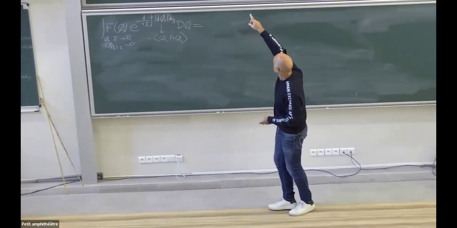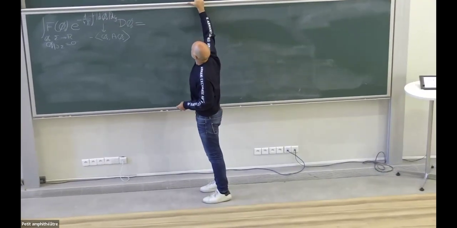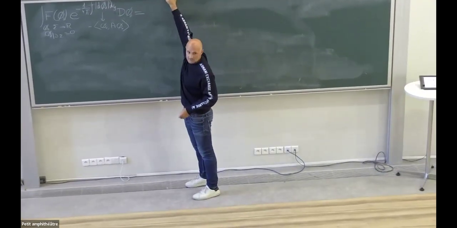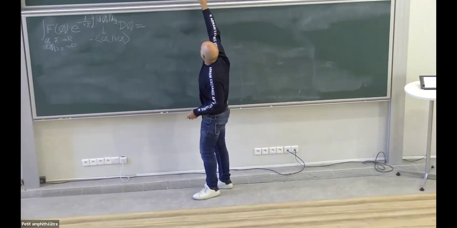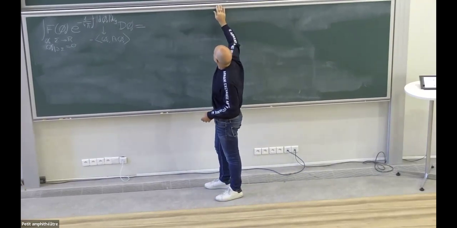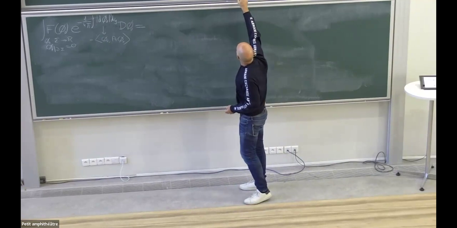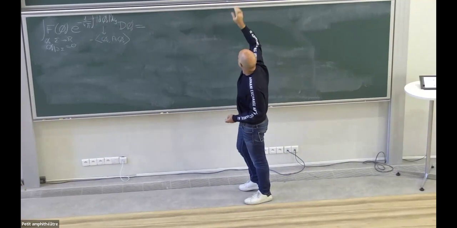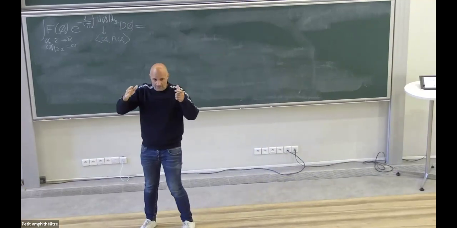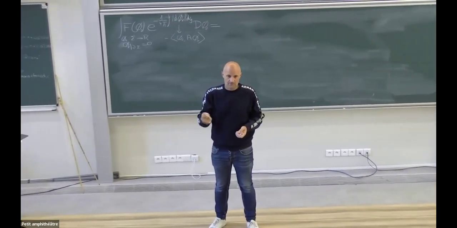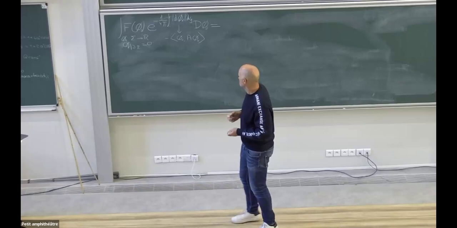So you have the field. Here you have the gradient of the field. Here you have your curvature times the function. Here some exponential of the field, and you integrate this function over the manifold.